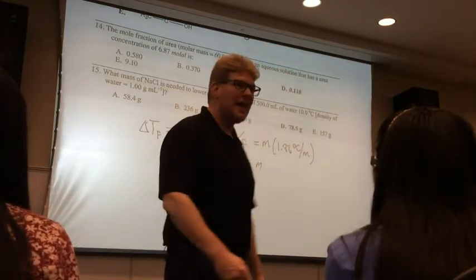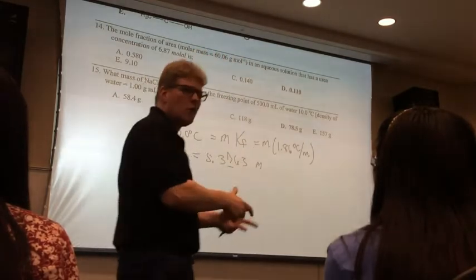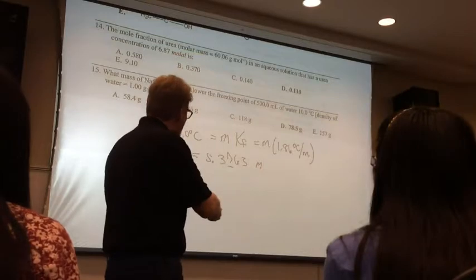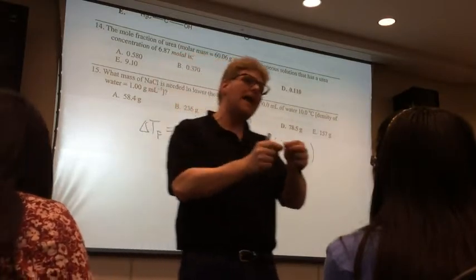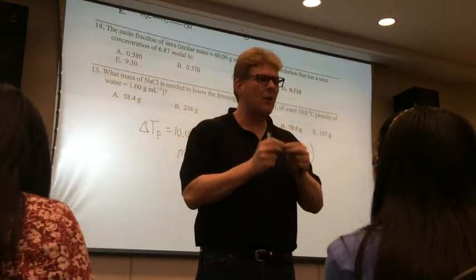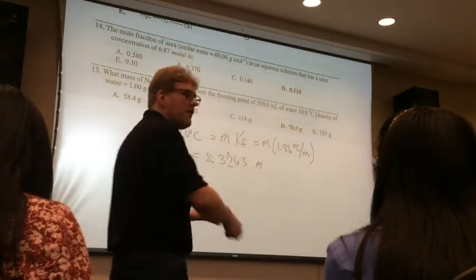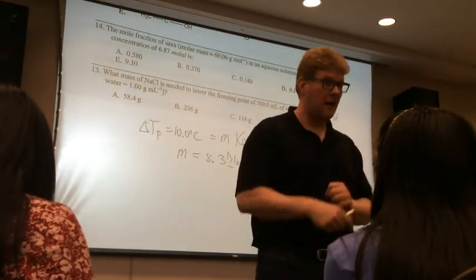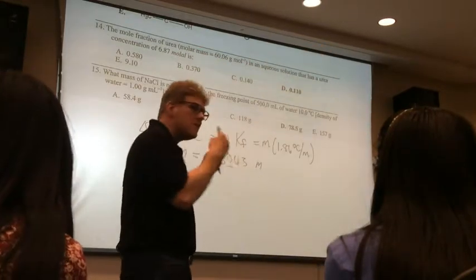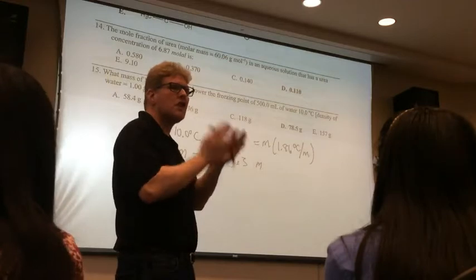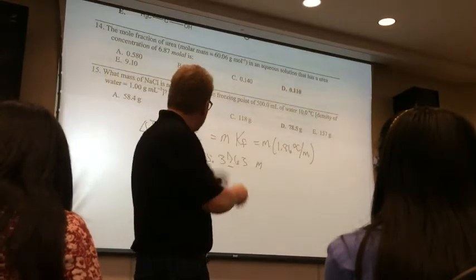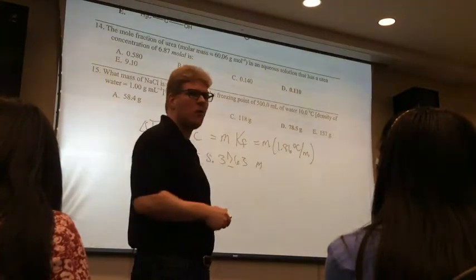In that case, this is the actual molality of particles, including whatever dissociation occurred. The solution you made was 4 molal, assuming no dissociation. So you take this number divided by 4, and that would be i. This is the concentration of particles due to dissociation.